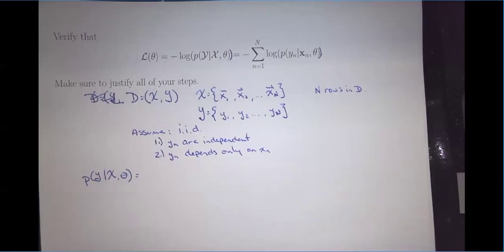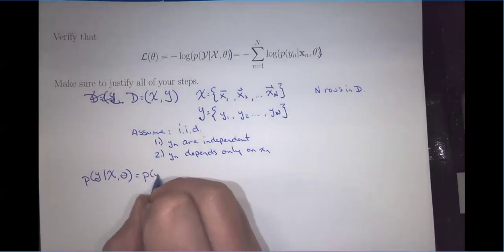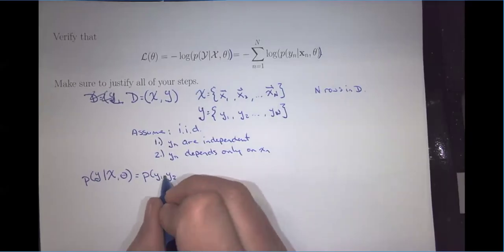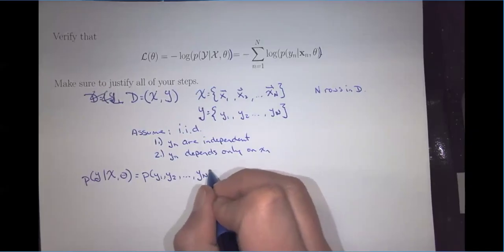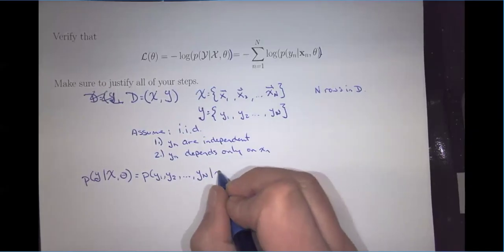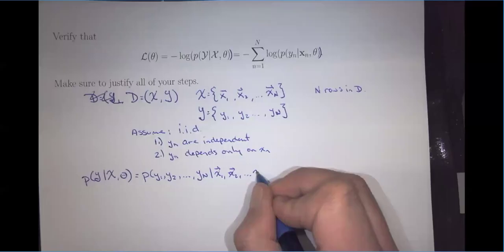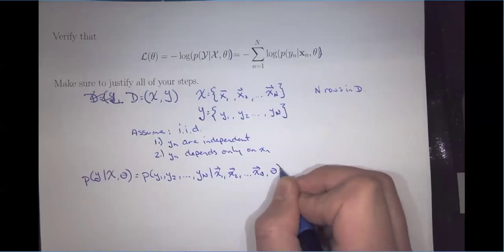Well, this is going to be the probability of the Y's, Y1, Y2, all the way to Yn, given X1, X2, Xn, these are vectors, and our parameters theta.